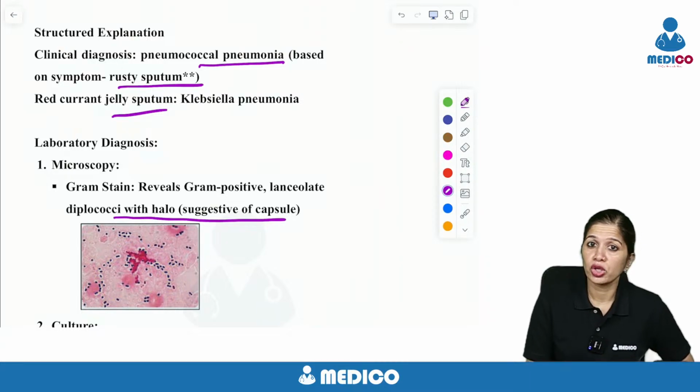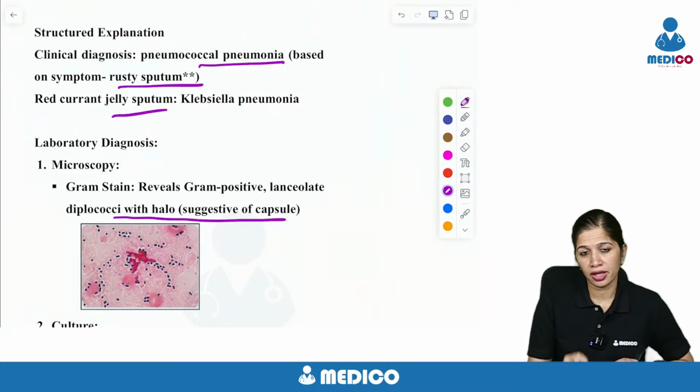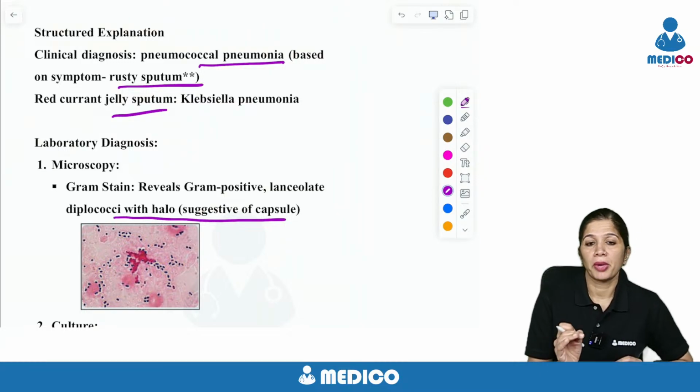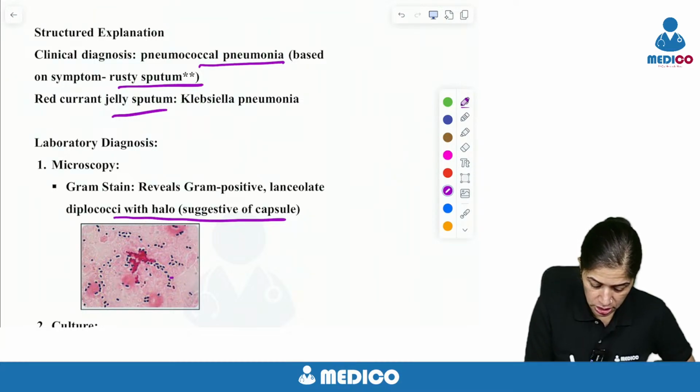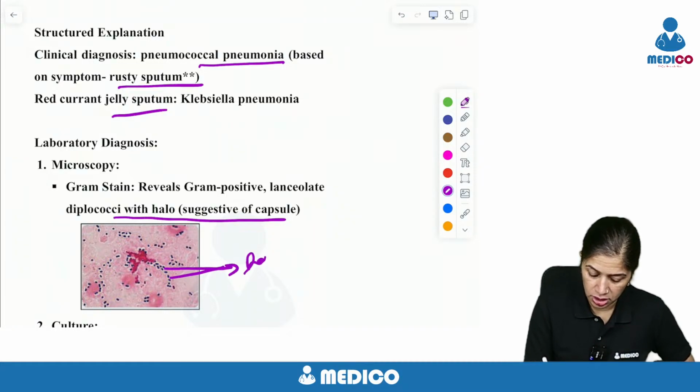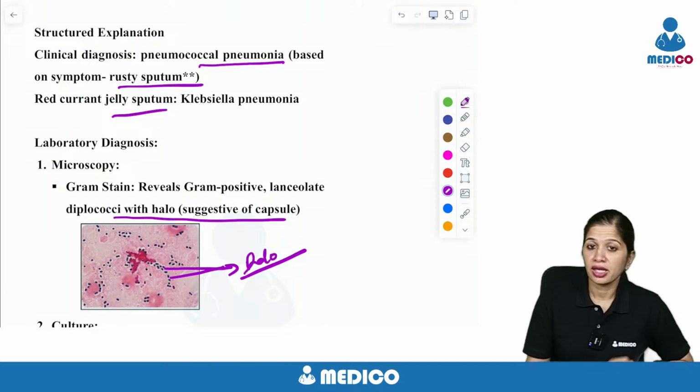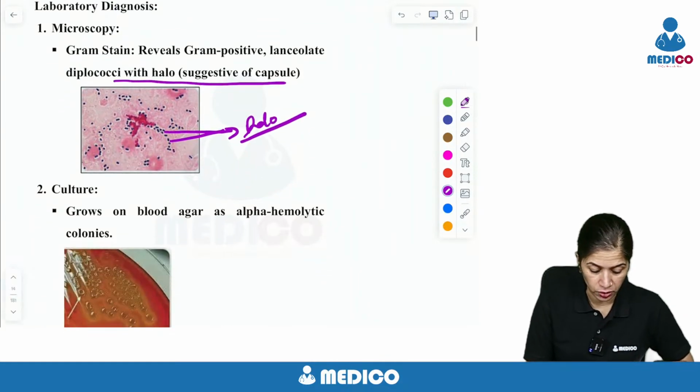Here you can see, what do you mean by a halo? Basically, immediately around the gram-positive diplococci there is an unstained area. Then only you can see the pink area. I hope you can make out in this image here. Okay, that is what is known as the halo, and that signifies the presence of a capsule.